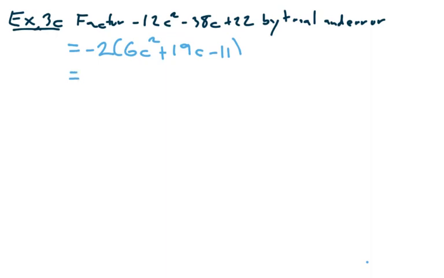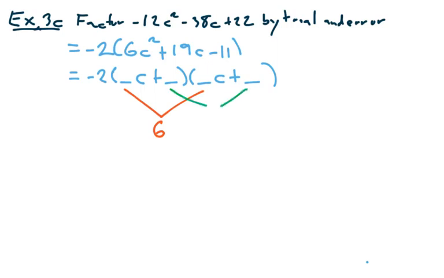I'll just remember that the negative 2 is here, and if this is going to factor at all, it'll have to be something c plus something, something c plus something. These two numbers have to multiply to give me the first coefficient, so a product of 6. These two numbers have to give me a product of negative 11.